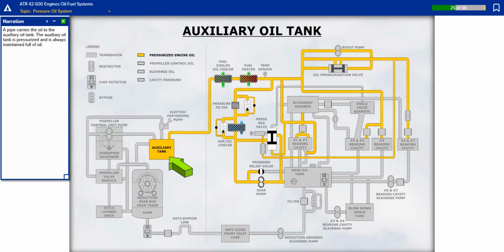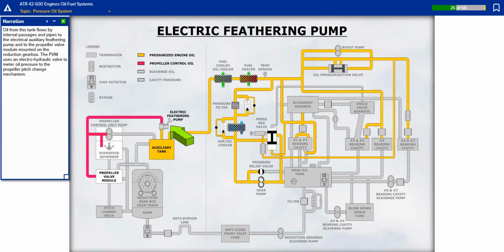A pipe carries the oil to the auxiliary oil tank. The auxiliary oil tank is pressurized and is always maintained full of oil. Oil from this tank flows by internal passages and pipes to the electrical auxiliary feathering pump and to the propeller valve module mounted on the reduction gearbox.